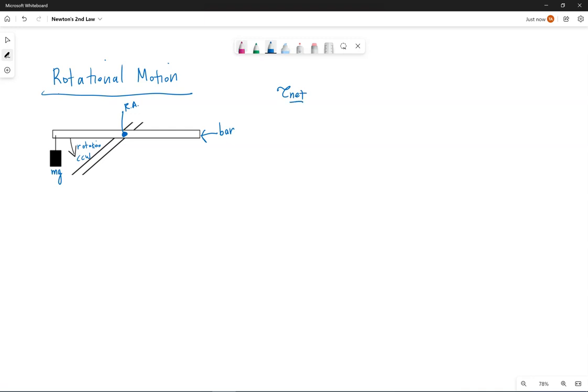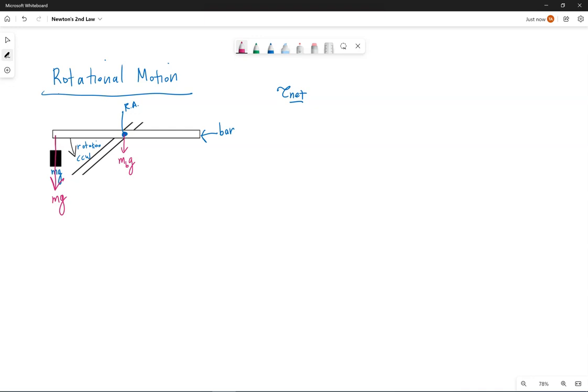Now the bar, besides the weight, this hanging mass, mg, theoretically, I assume it has its own mass. So we would say mg for the bar itself would be in its geometric center, because that's where the center of mass would be located.